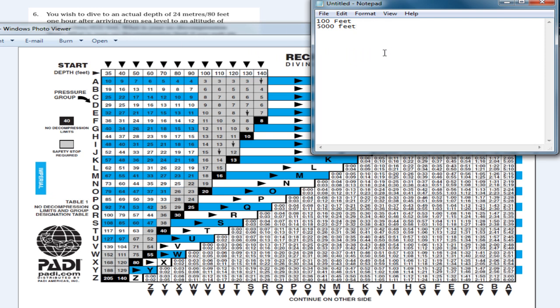For every 1,000 feet of altitude, you add 2 pressure groups. Since we have 5,000 feet, we multiply 5 times 2 pressure groups, which is 10. So we count down 10 pressure groups: 1, 2, 3, 4, 5, 6, 7, 8, 9, 10, and that brings us to J. So at the time of landing, we're in pressure group J.